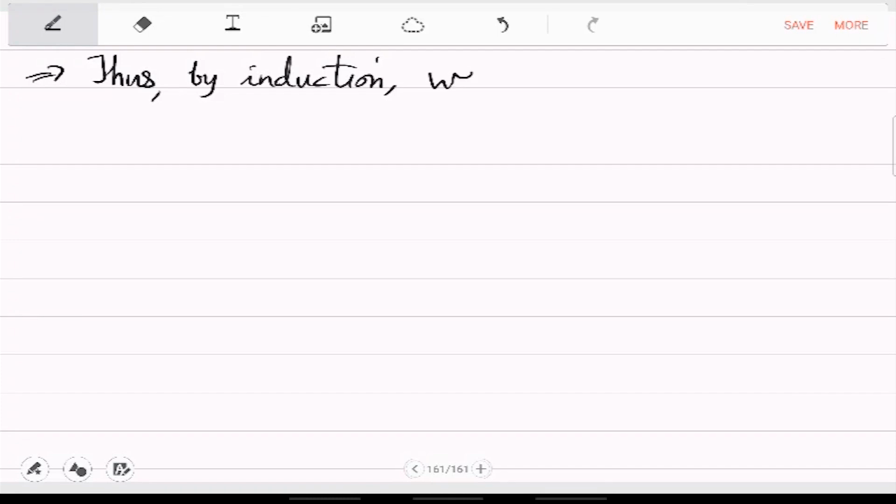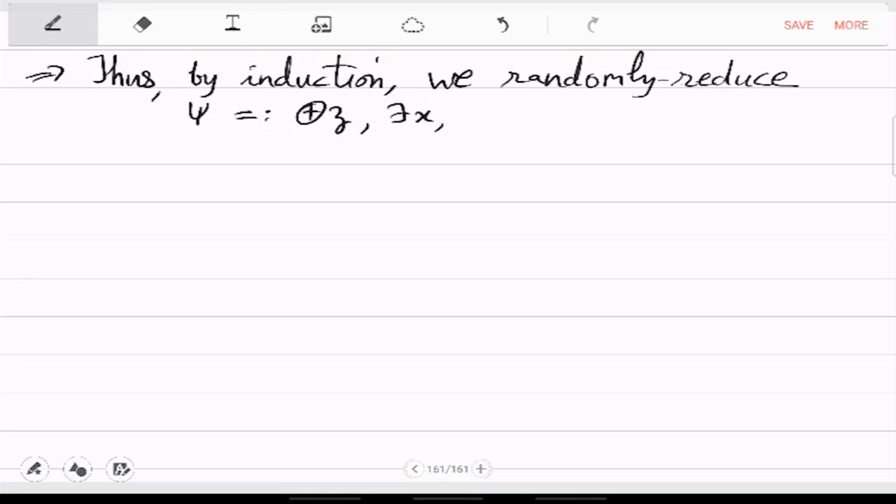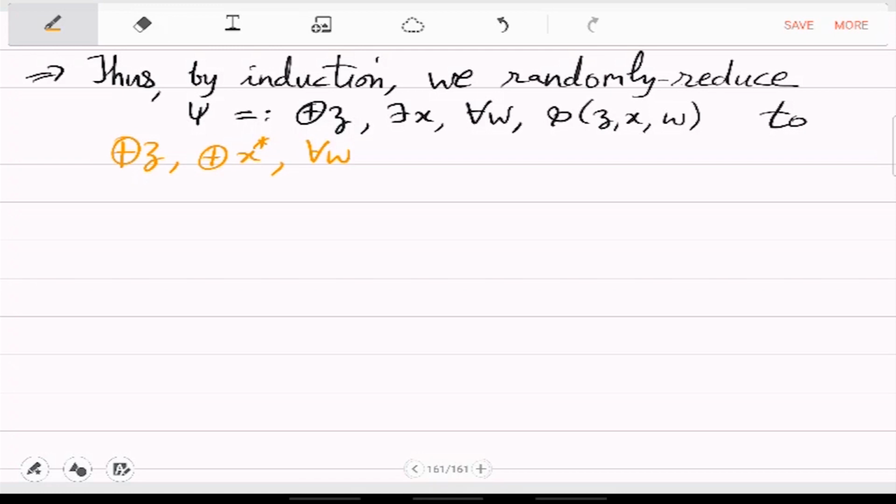we can randomly reduce psi, which is parity Z, there exists X for all W, phi ZXW, to parity Z. We will make there exists into parity, and for all W will stay there.